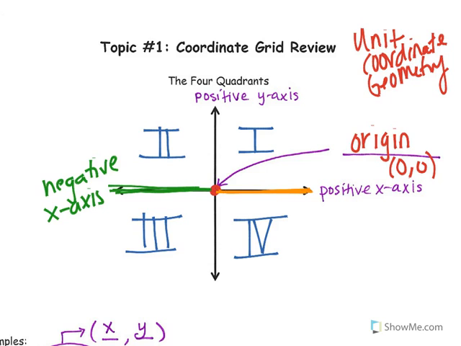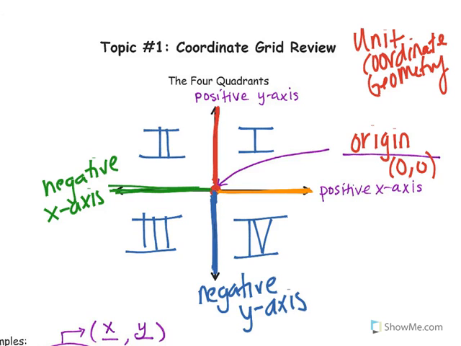Going up is the positive y-axis, and going down would be the negative y-axis.